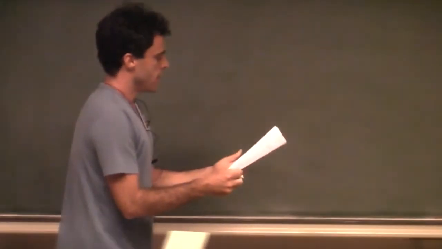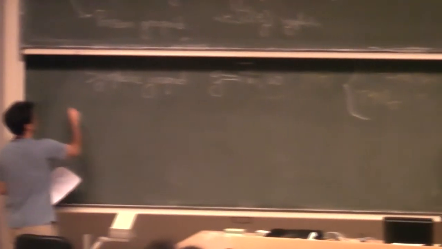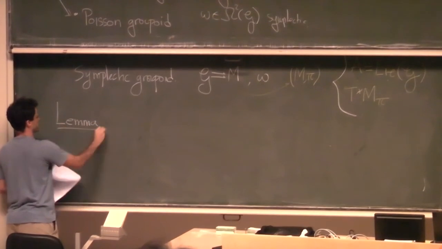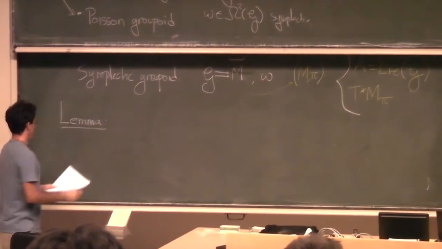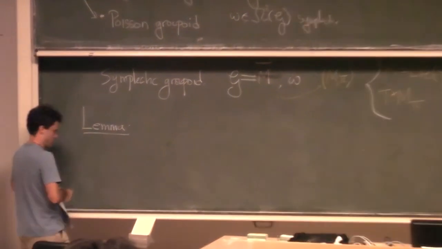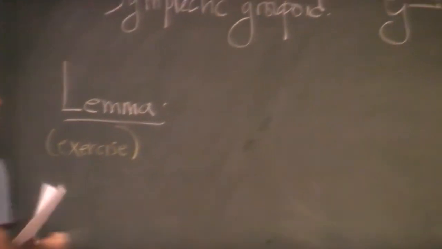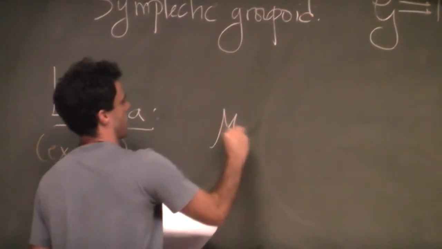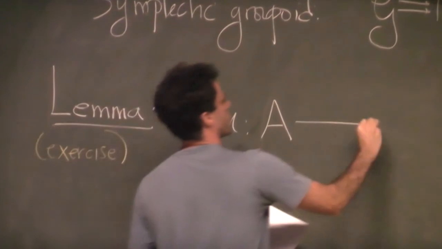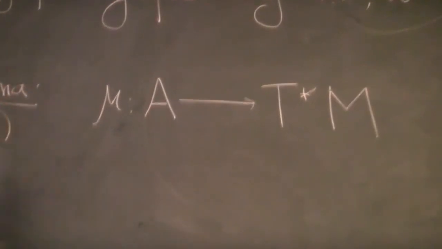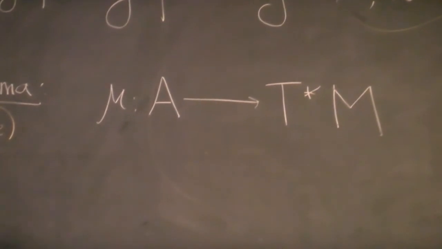And so here's a lemma, or an observation, or actually better, an exercise. There is a very natural map from the Lie algebroid to the cotangent bundle of the base, which is the following.